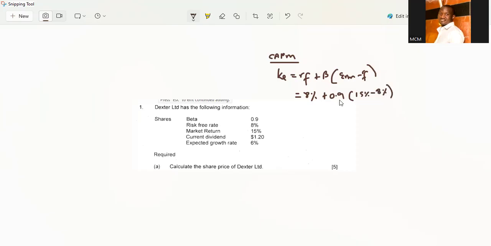So this is going to be 8% plus 0.9 times 7%.